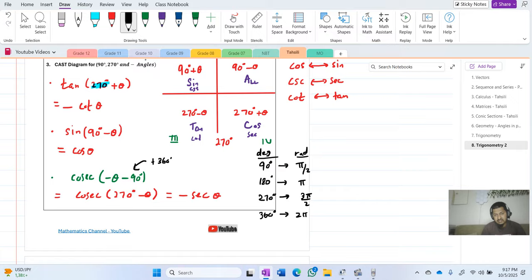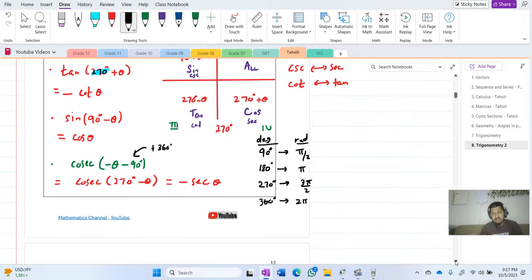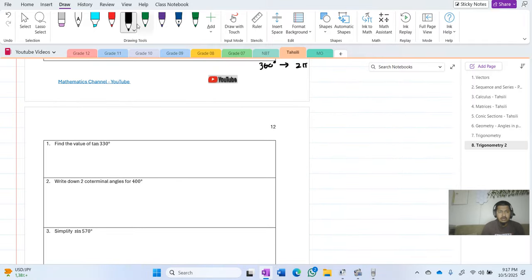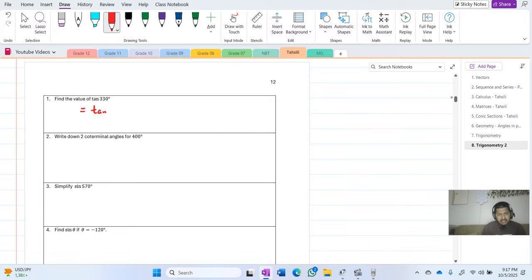Now let's solve some problems. Find the value of tan 330. We're doing general examples now, so try to use 180 as far as possible. So this is tan of 360 minus 30 degrees. Now this is in the fourth quadrant, and tan is negative in the fourth quadrant, quadrant 1 2 3 4.